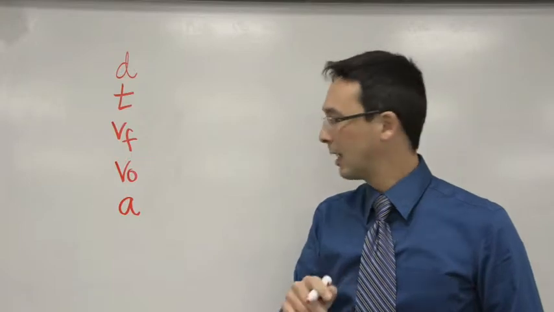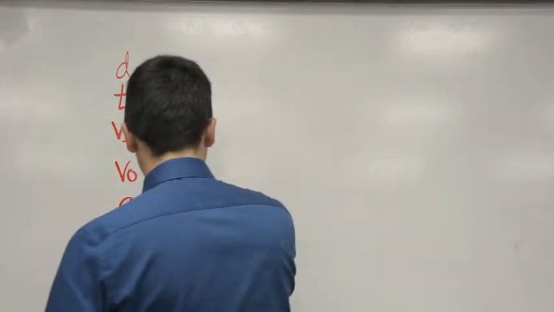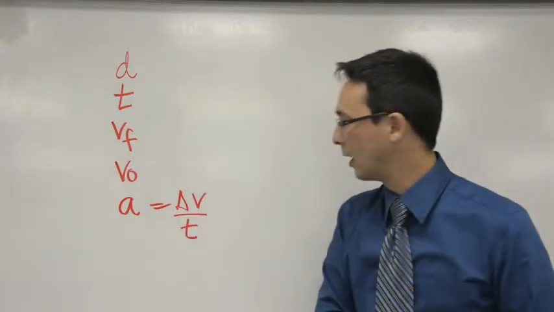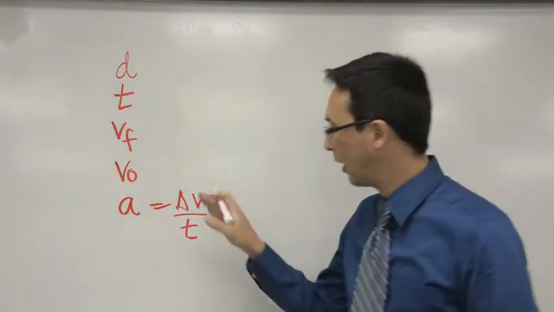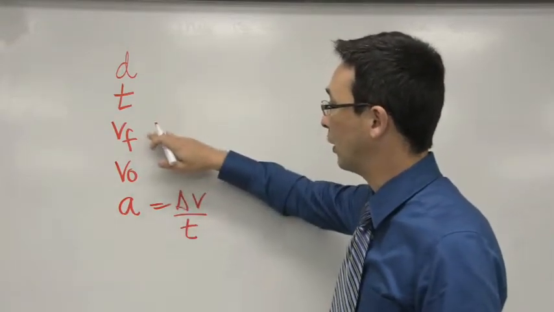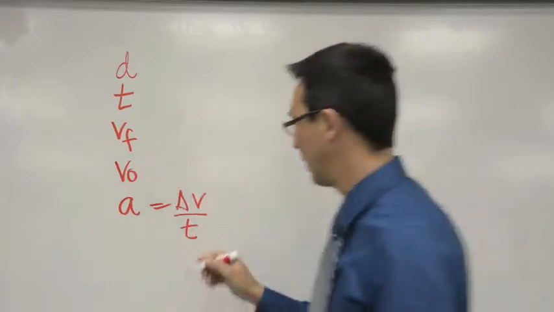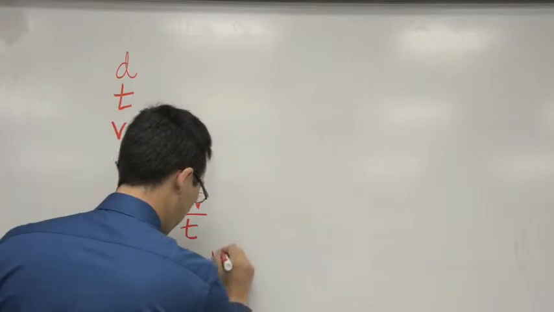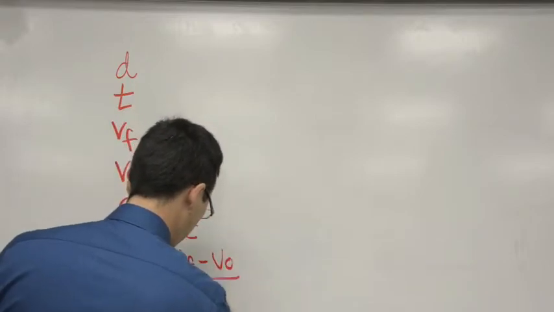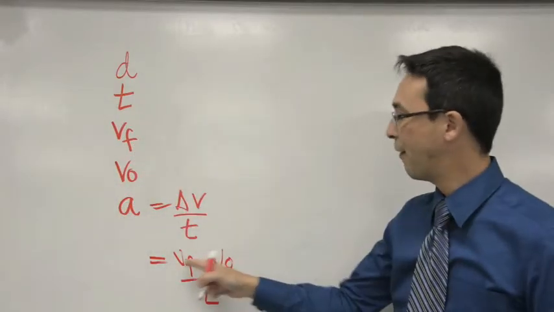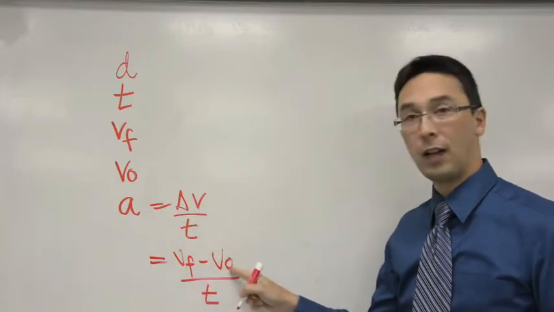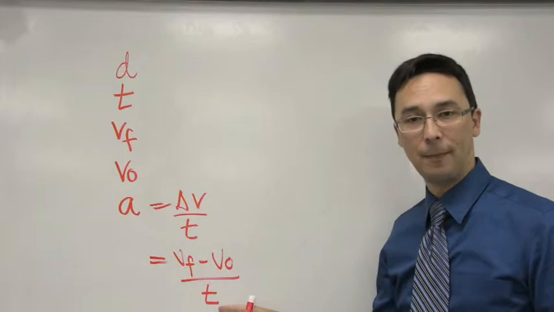Okay. Now the acceleration is defined as the change in velocity over time. And if we look at change in velocity with respect to a final and initial velocity, then that is really the difference between the final and initial velocities, divided by the time.